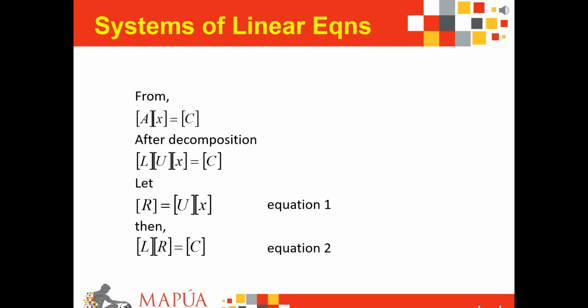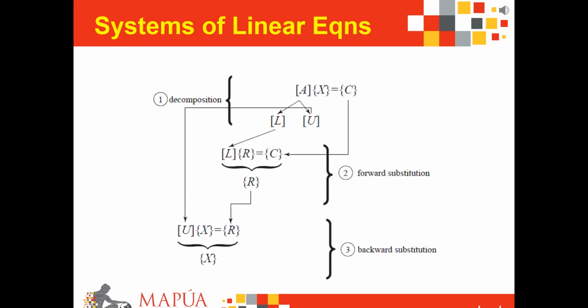And from which you would see that when solving for matrix R, we apply forward substitution, reverting your given matrix form of equation into your given standard form of equation, and solving for the first variable, substituting it on the succeeding equations until you solve all the other variables.